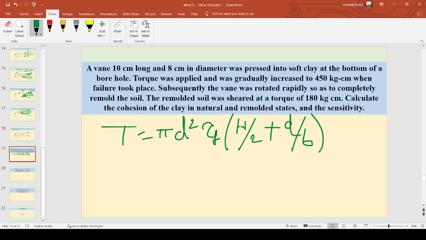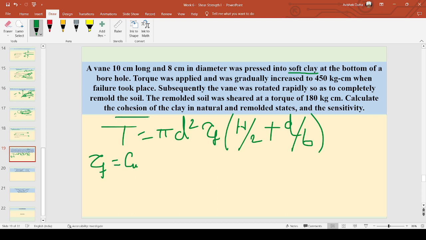Now, in the first case, when the natural state was present in the soil, the torque was 450 kg centimeter. We also know that it is soft clay, so soft clay will have zero angle of internal friction, and hence tau f, the shear strength at failure, will be equal to Cu, the undrained cohesion.